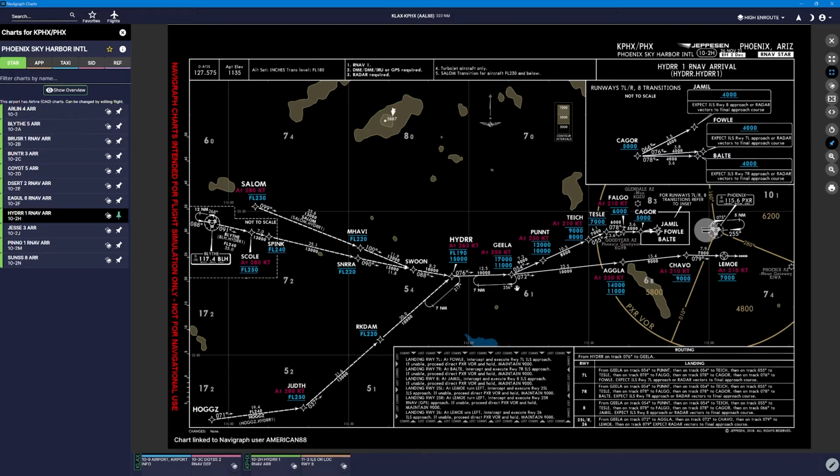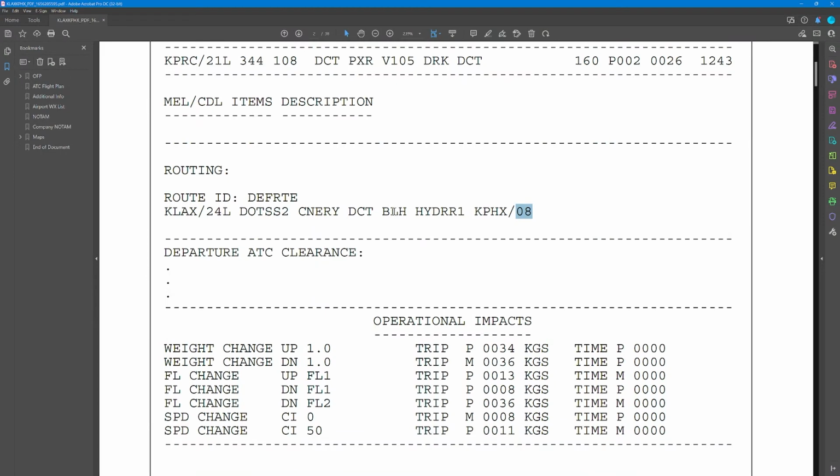Now once you figure out, in your flight plan, the flight plan says BLH, then Hyder 1. Oh no, BLH on the Hyder 1 arrival for runway 8.